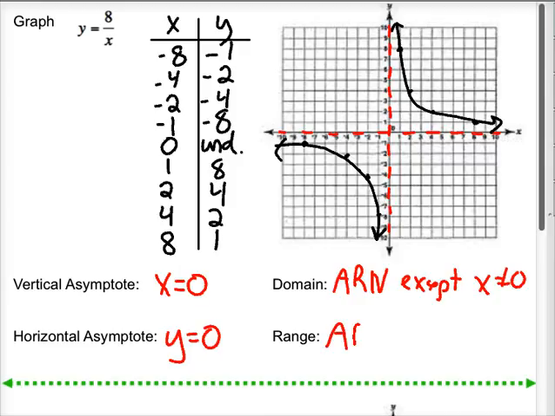The range is all real numbers except where my horizontal asymptote is. So except where y can't be 0. Now that's why I also have you actually physically draw in the asymptotes, because then you can see where your graph is trailing off to. It makes it a little bit easier to identify that. Where is your graph going?